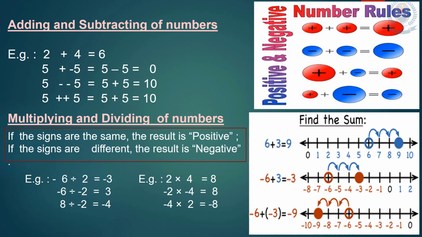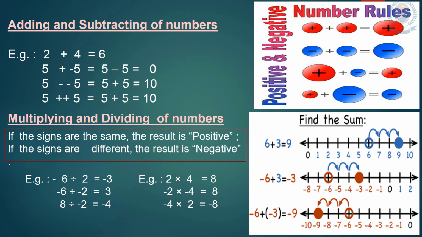So the answer is 0. Next one, 5 minus minus 5. So it will become plus 5. So it is 10. 5 plus plus 5. So 5 plus 5, 10. Here you can see the other side also, some examples. Go through them also.